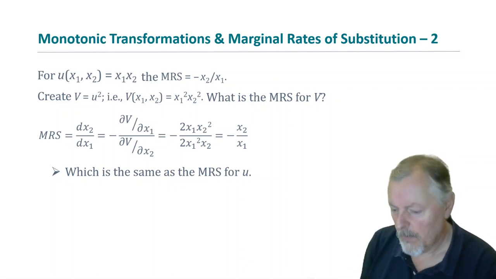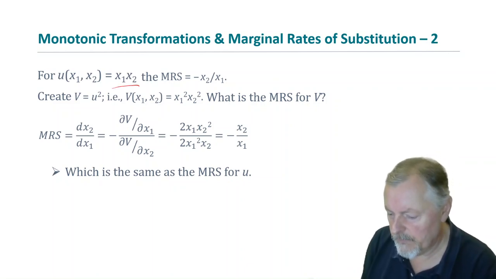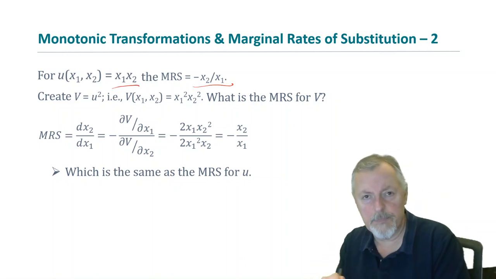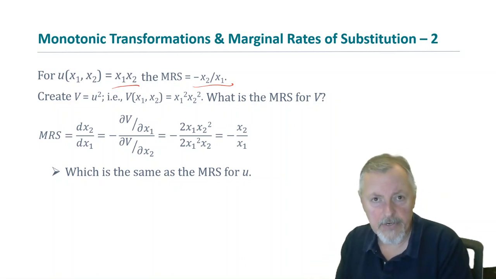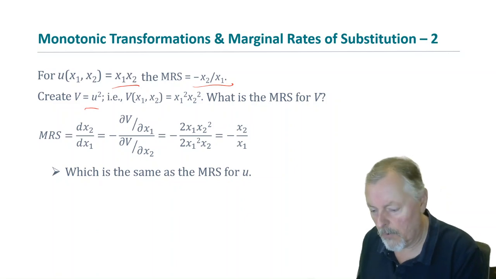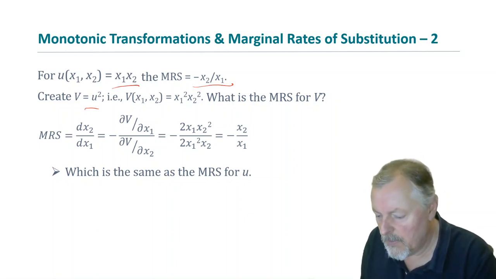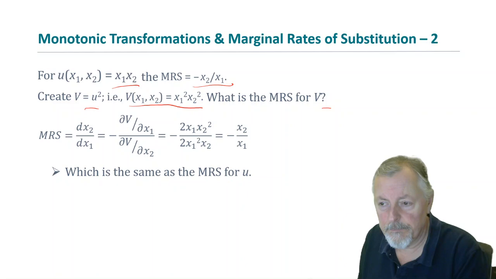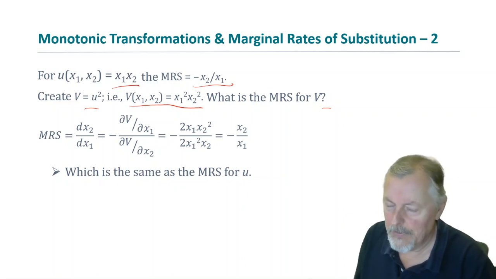So, for this utility function, the marginal rate of substitution is that. Create a new utility function describing the same choice behavior. A monotonic transformation, square it like we did before. Then the new utility function is that. What is the marginal rate of substitution for this new utility function? Well, I won't bore you with it.